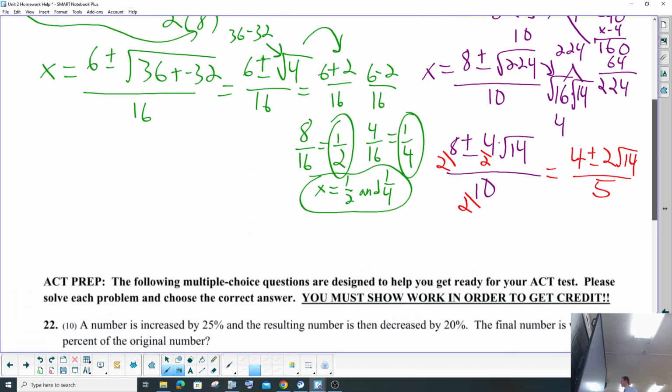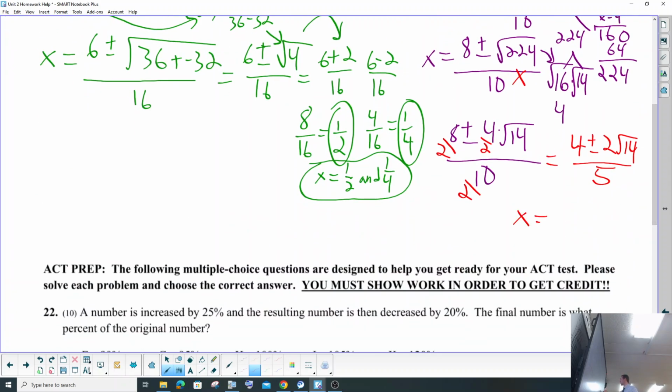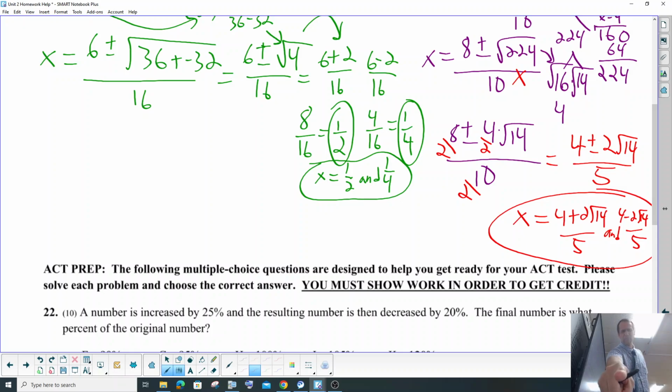There's our answer. So x equals 4 plus 2 radical 14 over 5, and 4 minus 2 radical 14 over 5. Wow, that was a tough one. Quadratic formula, get practicing.